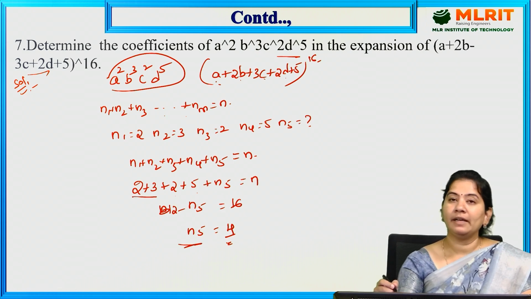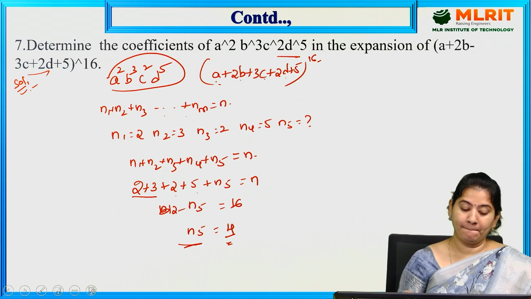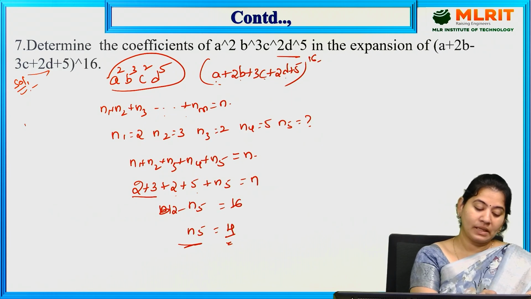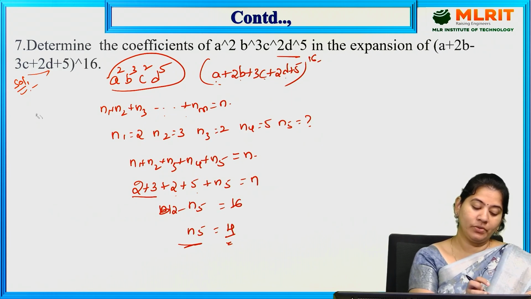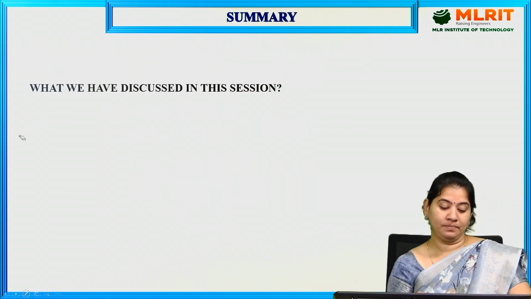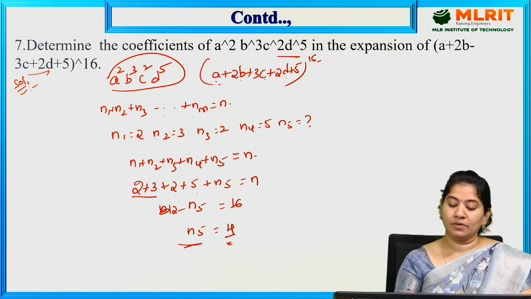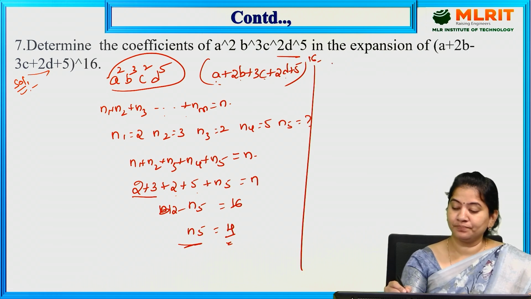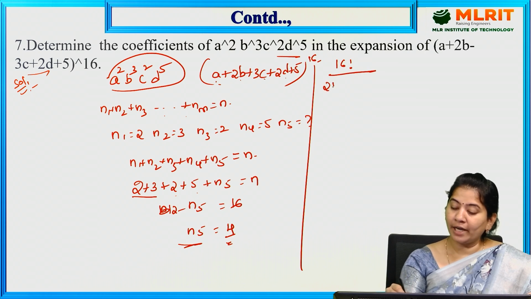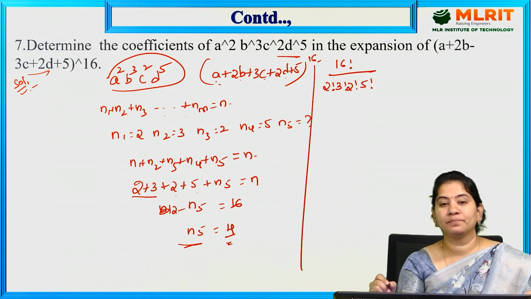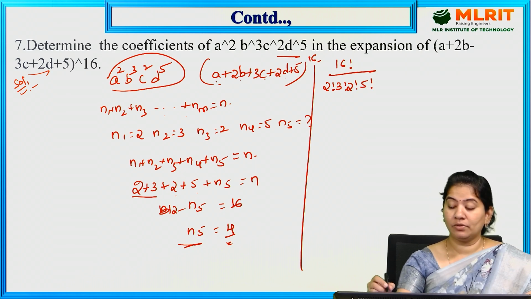Then you can write it here 16 factorial by 2 factorial into 3 factorial into 2 factorial into 5 factorial. So we have another term also here.